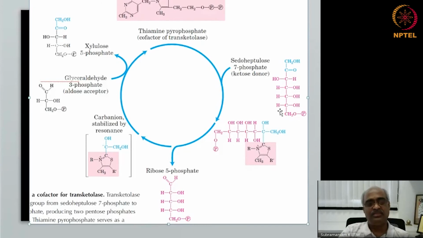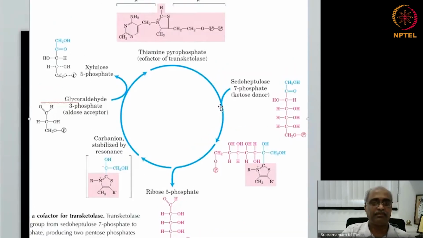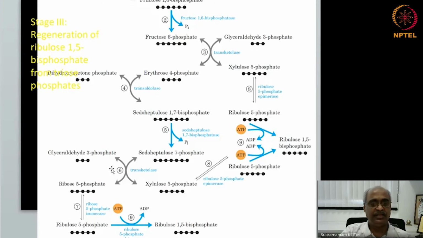So this is how transketolase transfers these 2 carbons to glyceraldehyde, making xylulose 5-phosphate. This is the importance of thiamine pyrophosphate. Thiamine, remember, is one of the B complex vitamins. Its deficiency causes beriberi, which is fatal. So that is this reaction.